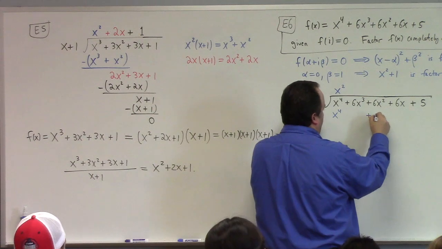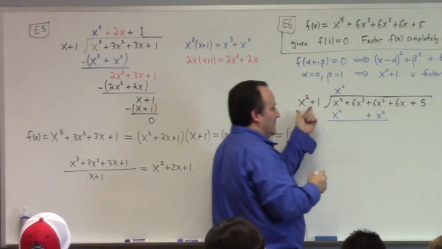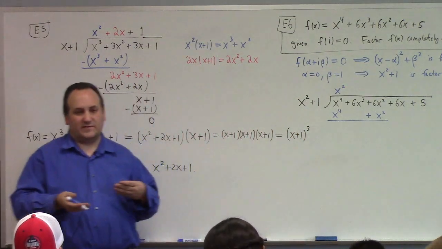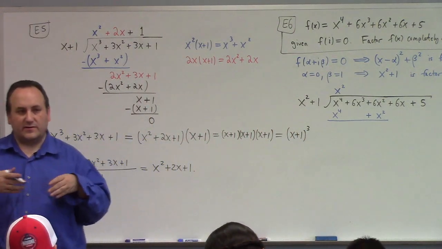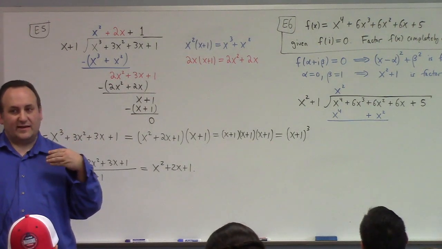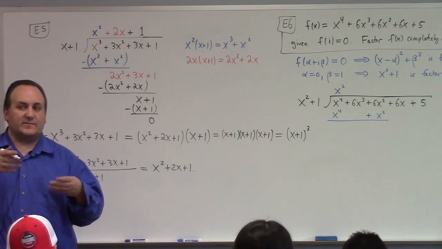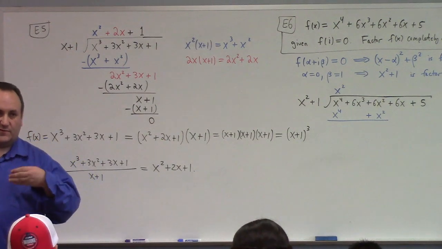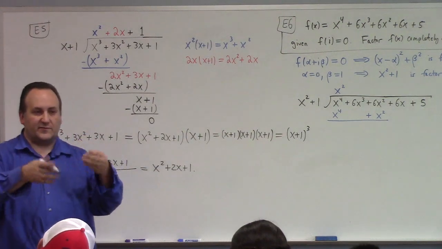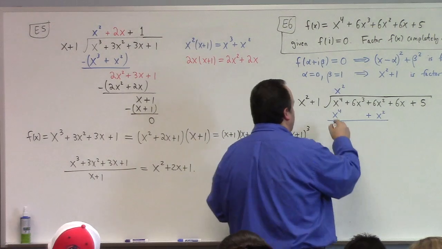Over here, right? Now you can write it wherever you want, but it's better to put it under the x squared term just to make sure you don't make the silly mistake of subtracting x squared from x cubed, as if you could do that. We can only subtract like powers: squares from squares, cubes from cubes, linear from linear, but we can't subtract unlike powers, apples and oranges, right?